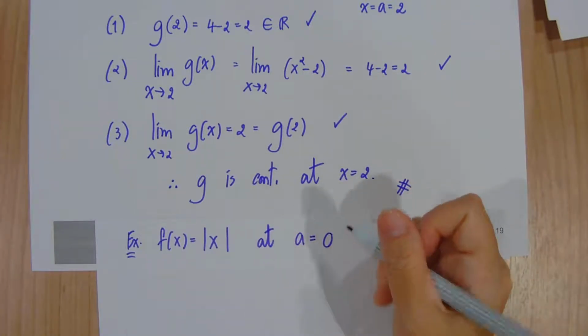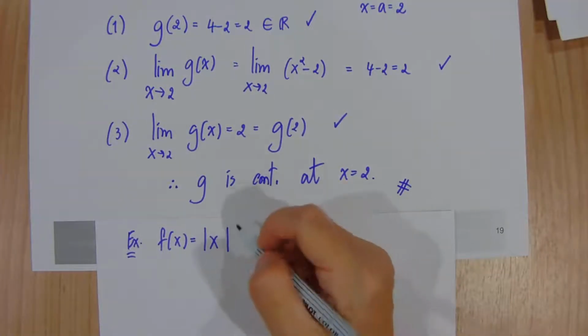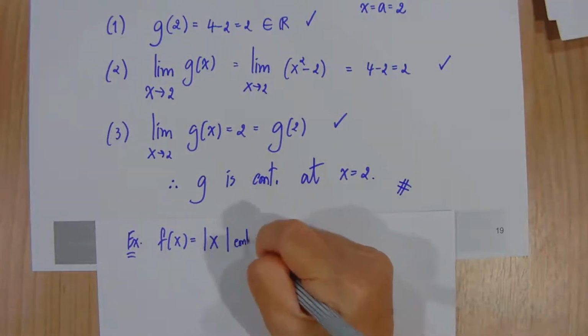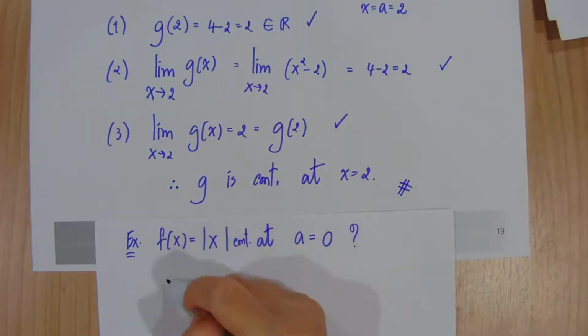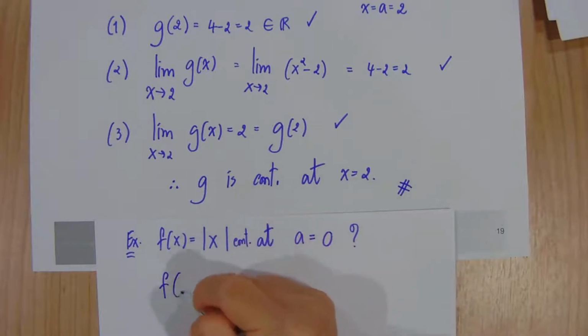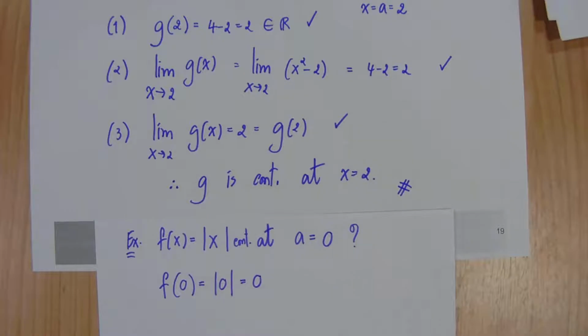To check whether f is continuous at point a or not, first we have to check the value of the function at 0, which is also 0.